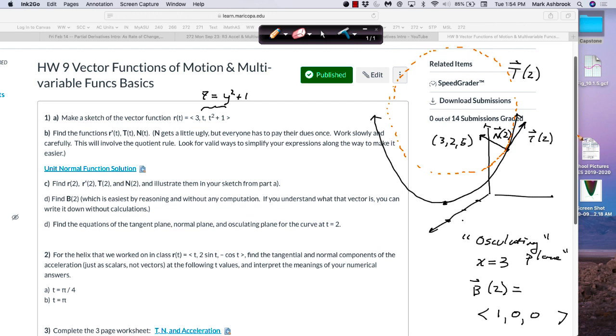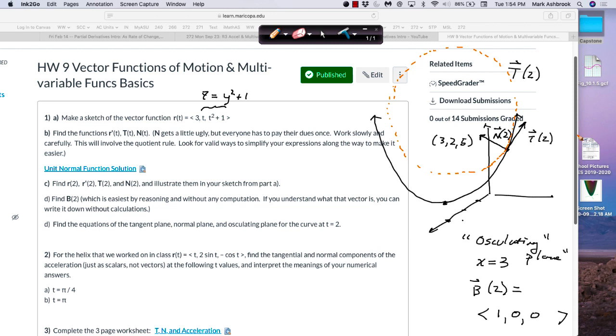That right there would be the circle that has the same curvature as the black curve, our vector function curve, at that point, and is tangent to the curve at that point. That's called the osculating circle.